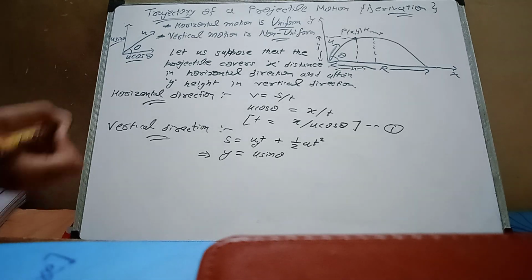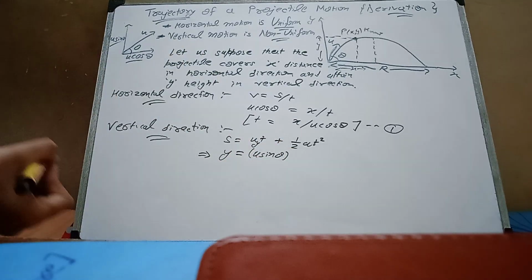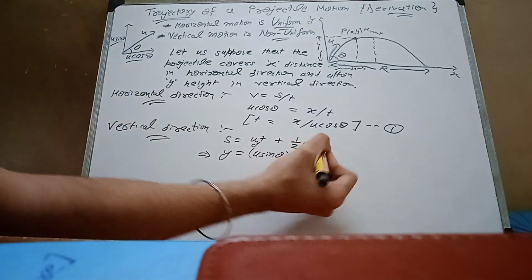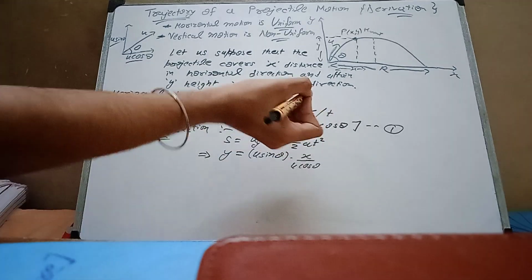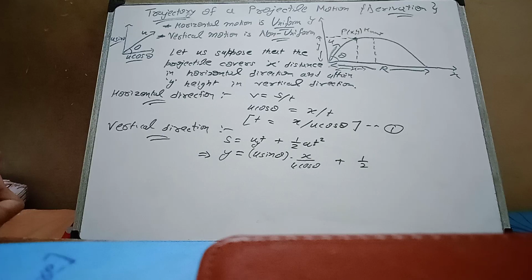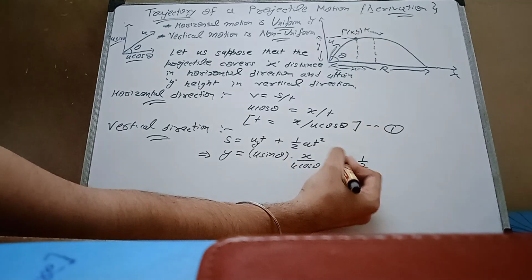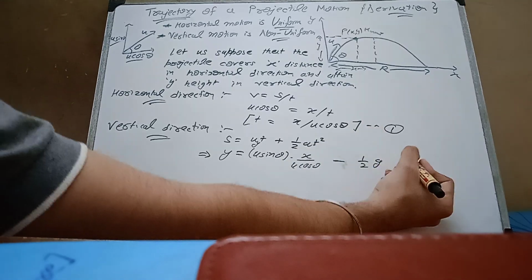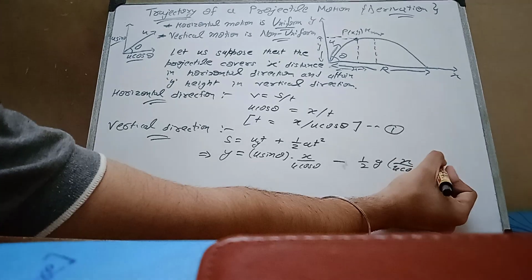Then t multiplied by t, and t from this equation we can substitute as x divided by u cos theta, plus half a t square. What is a? Now a is the acceleration due to gravity that is acting downwards, so here we have to put a negative sign. And g t square, where t is x upon u cos theta whole square.